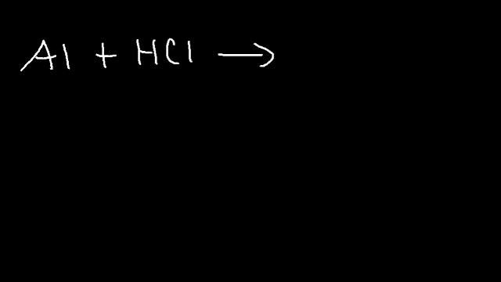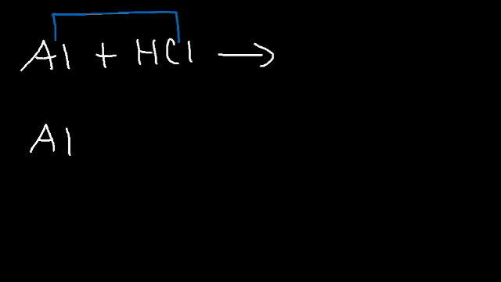Now, let's say if you have a single replacement reaction. Zinc plus, actually, let's change it. Let's make it aluminum plus hydrochloric acid. What are the products of this single replacement reaction? Aluminum is going to displace hydrogen out of the solution, and it's going to pair up with Cl.